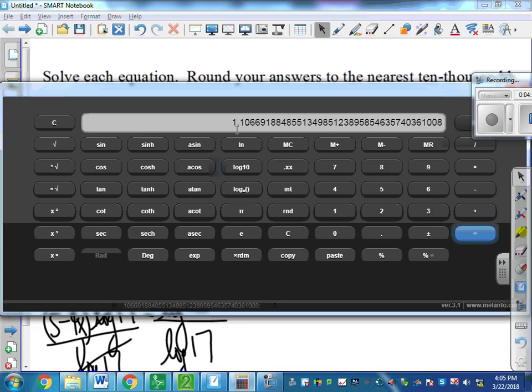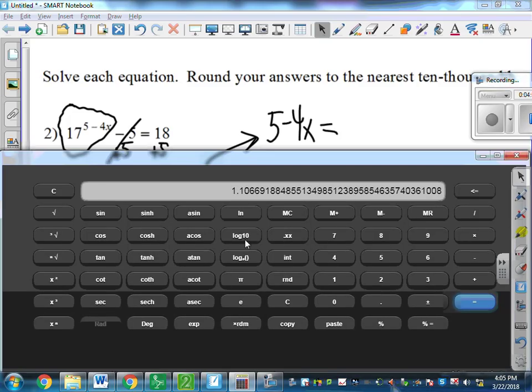So the overall value is going to be 1.1067, right? Because we have to go to 4 decimal places out. Tenths, hundredths, thousandths, 10,000ths. That's what it says right here, 10,000. So that's what we're going to round to. 1.1067.